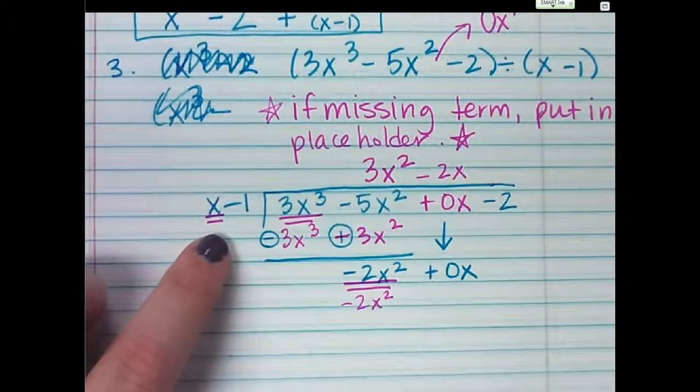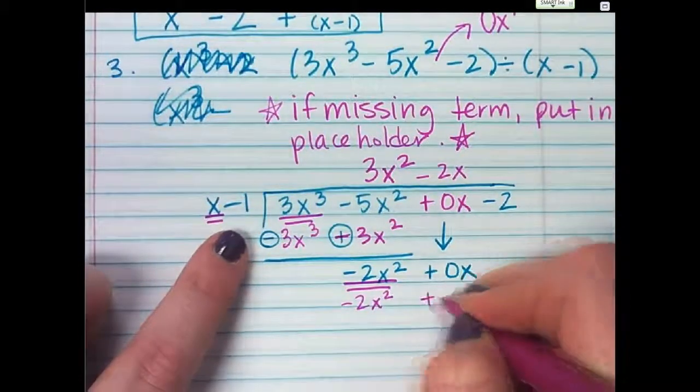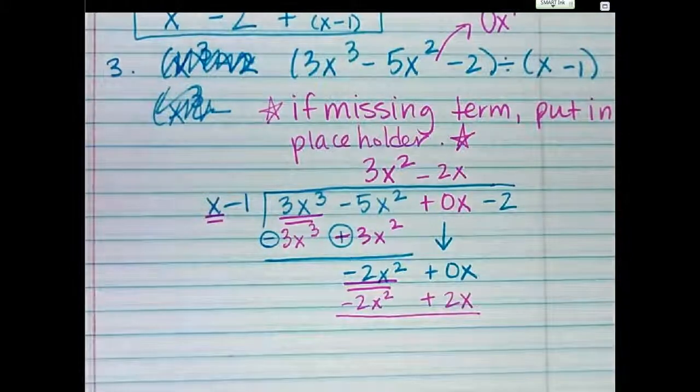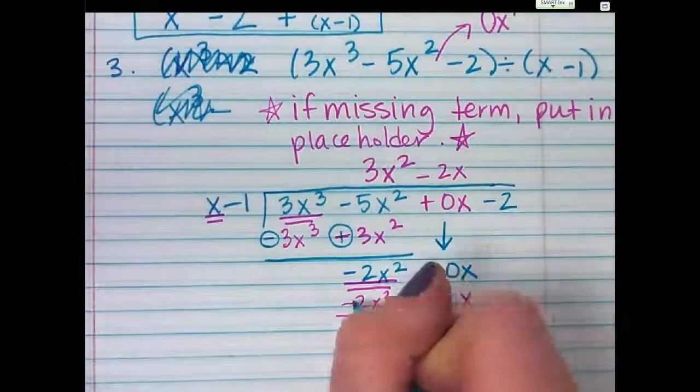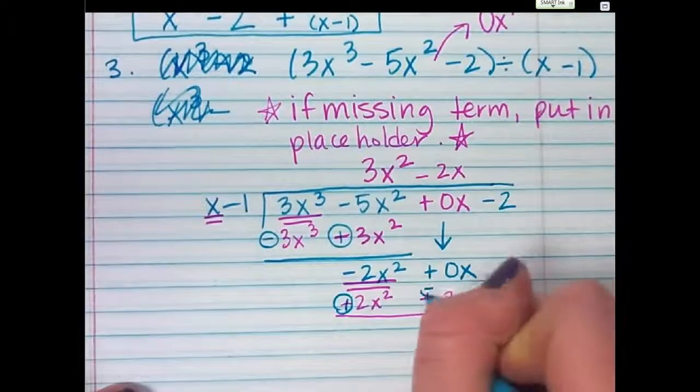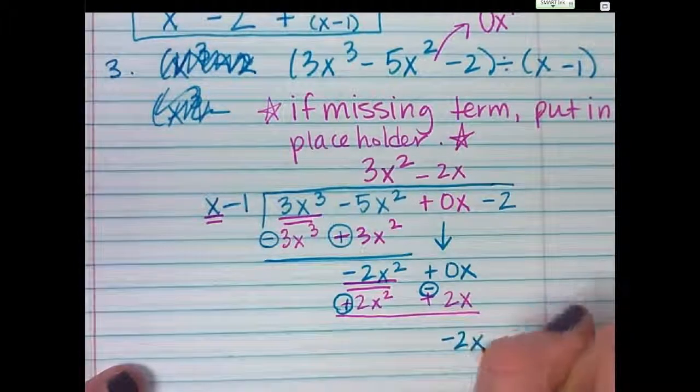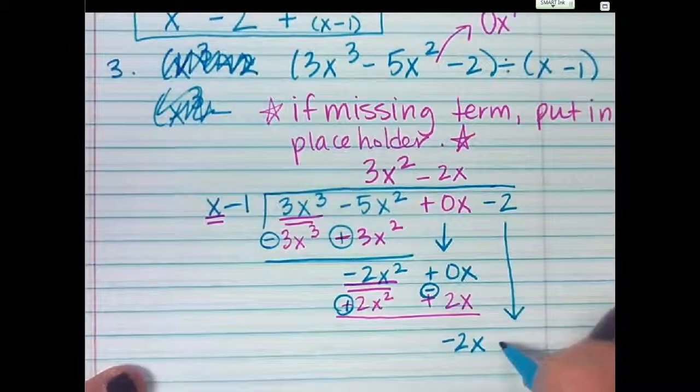And negative 2x times negative 1, positive 2x. Change your signs. So plus, minus. So that's going to be negative 2x, and bring down the last term, negative 2.